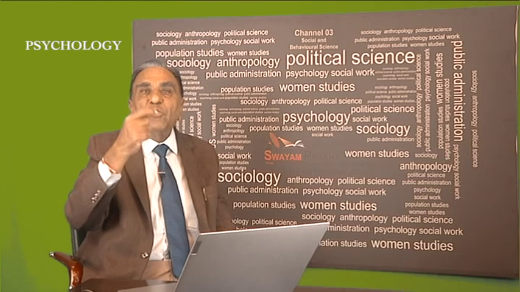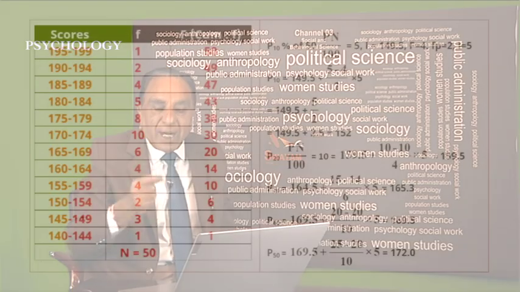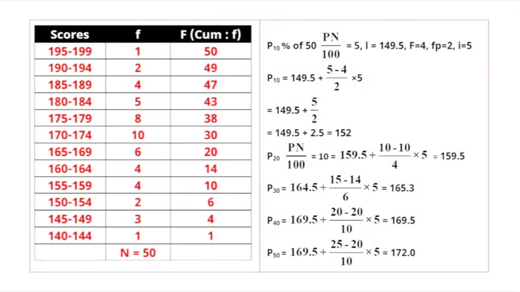If you want to calculate the upper limit, add 0.5 to that score. So, subtract 0.5 from 150, this value will come 149.5. Okay, this I have put as 149.5.